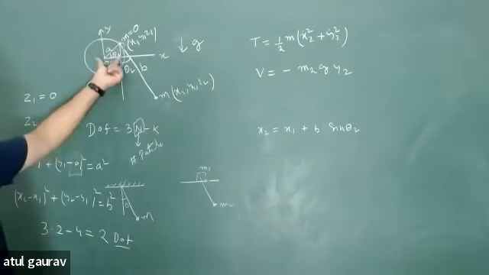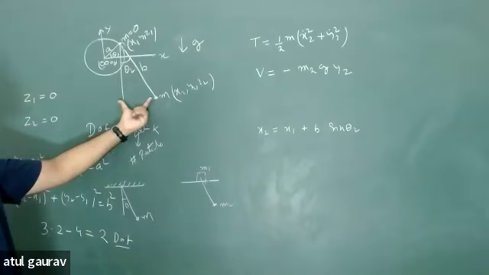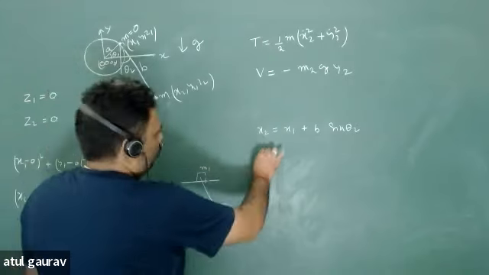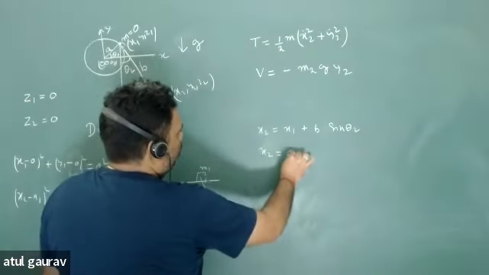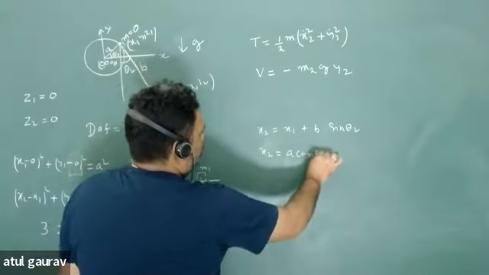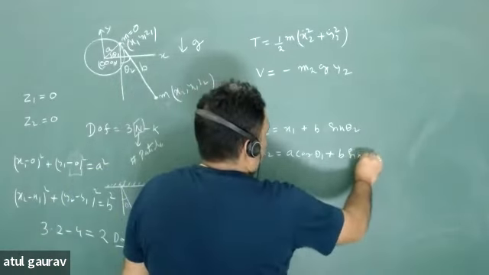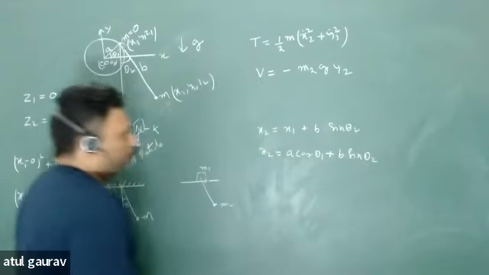This distance is x1 and this distance is b sin theta 2, isn't it? And what is x1? A cos theta 1. Very good. So that value is a cos theta 1 plus b sin theta 2.